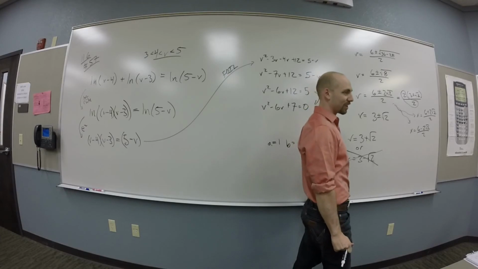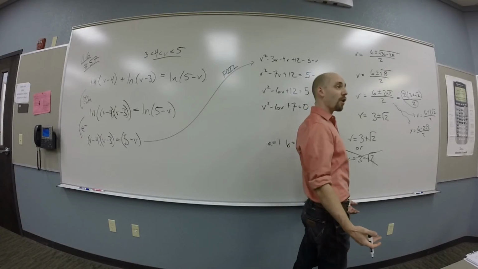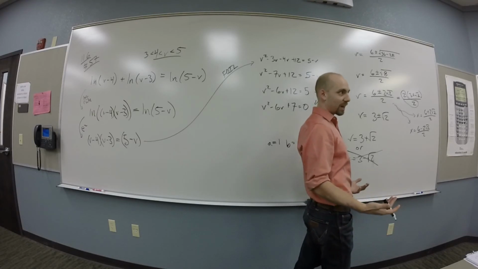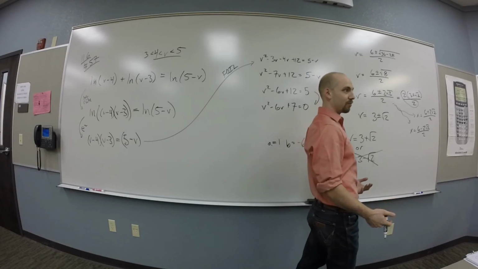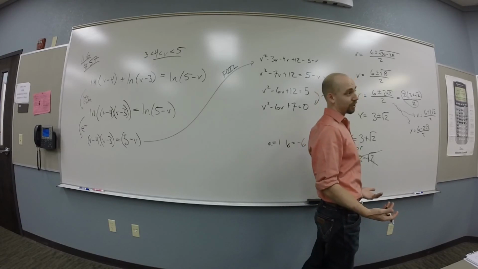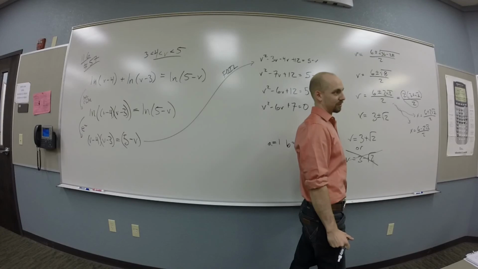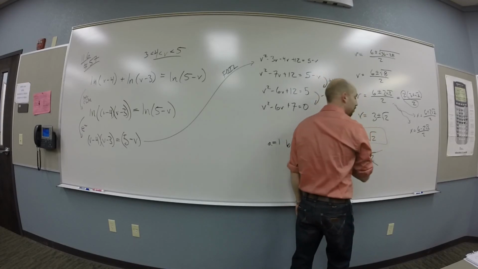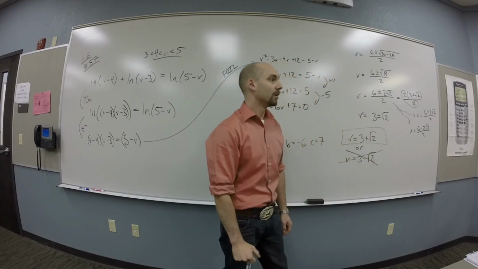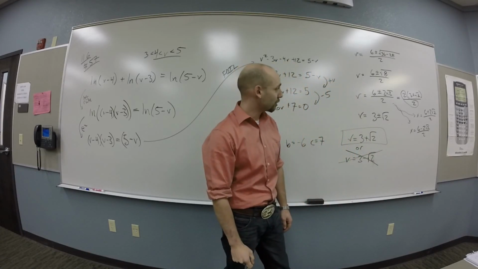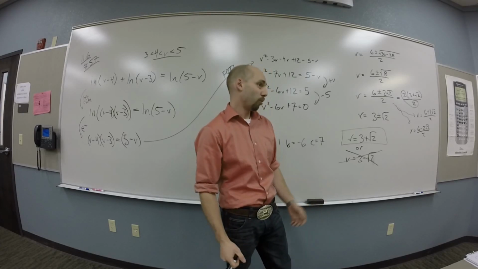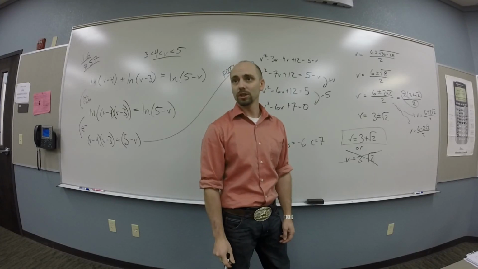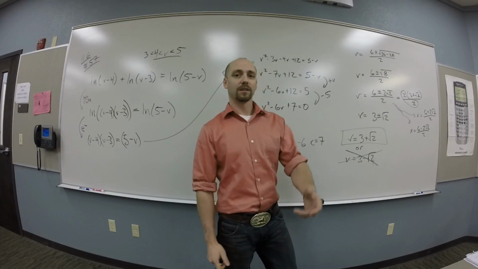It's close, but it's not quite the right thing. Here I want to do exact work so we can decide our rounding later. You decided on some rounding in the process, whether or not that was good for the application is unknown. Does that make sense? We really should have 3 plus root 2. The approximately equals is going to cost you half a point. Okay, cool? Questions on this?